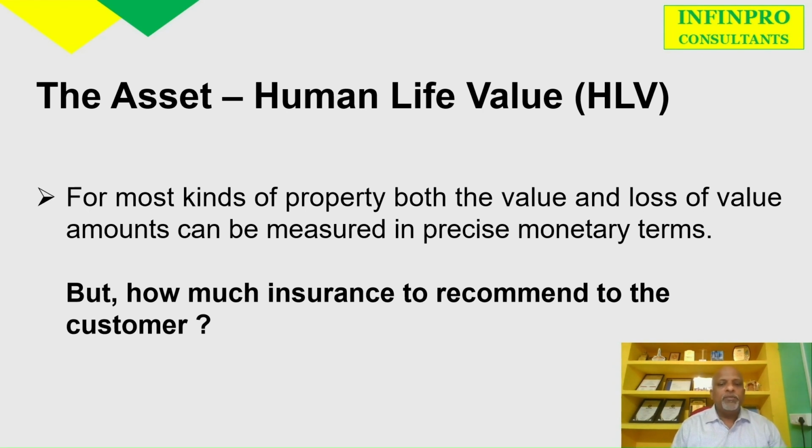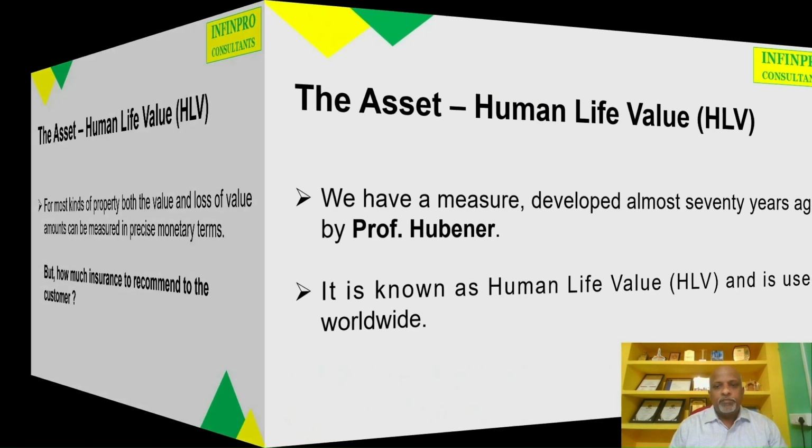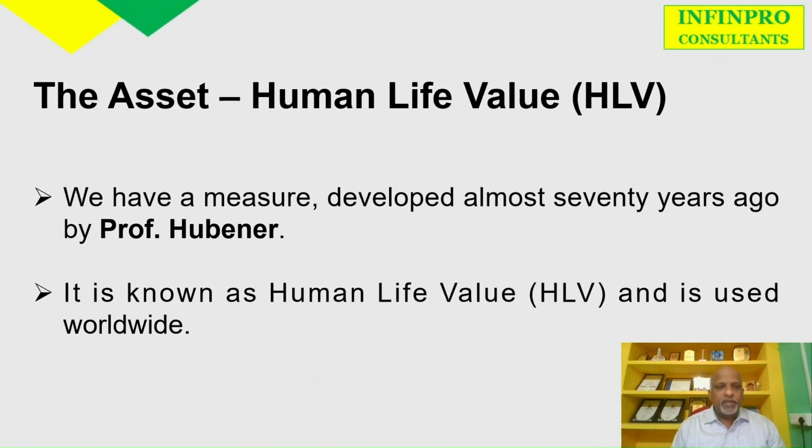But how do we give an insurance value to a human life? There is a method which was introduced by Professor Hubner almost 70 years ago, and it is known as human life value, and it is used even now worldwide. So how do we go about calculating a human life value?